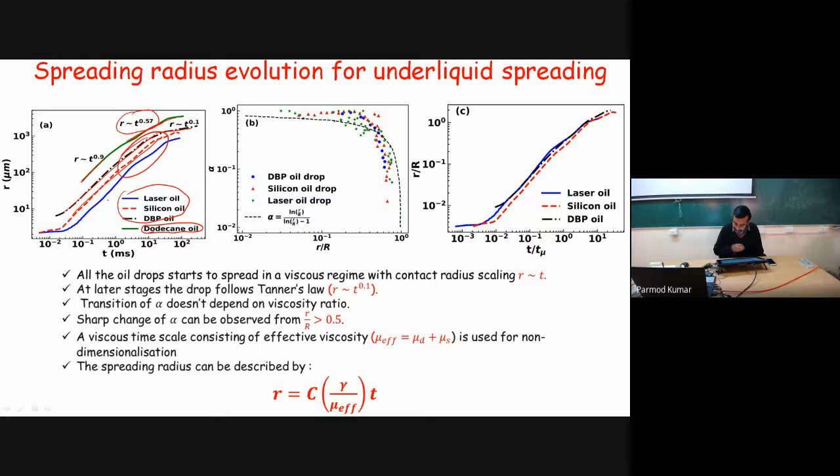And this is typically shown that if we use some effective viscosity based viscous scaling, for all these three small viscosity ratios we have some self-similar behavior, which says that the entire spreading dynamics stays only in the viscous regime before transitioning into the tenuous regime, and it does not enter the inertial regime.